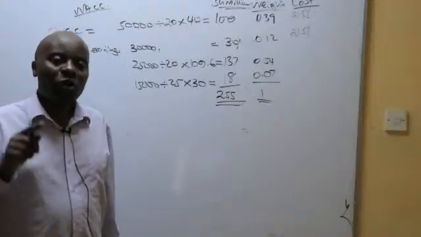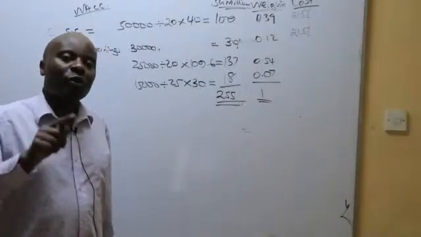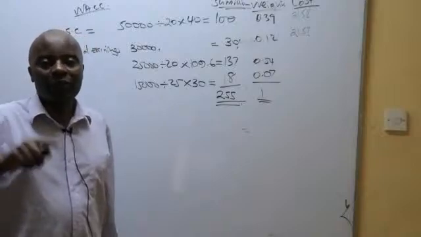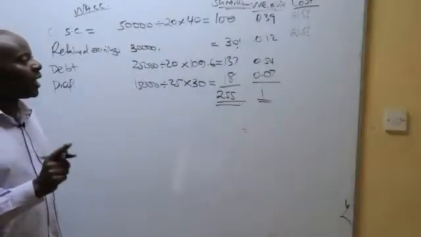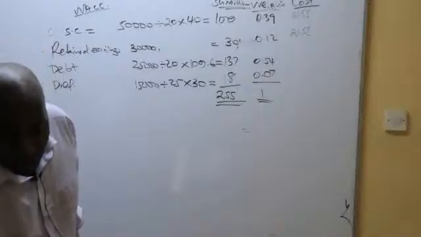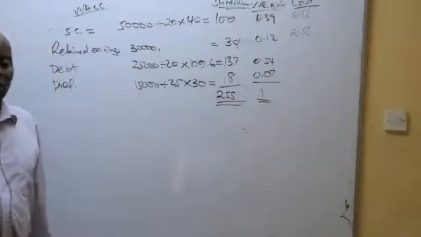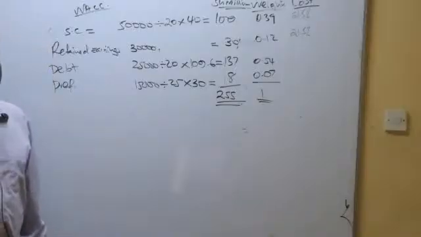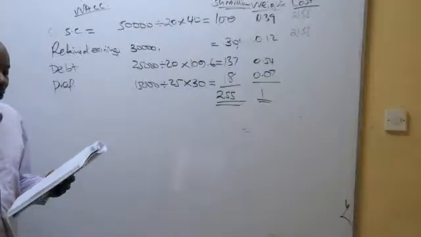If flotation cost was there, then the cost of equity ordinary shares would have been different from the cost of retained earnings, because ordinary shares would have taken into consideration the flotation. Is that okay?